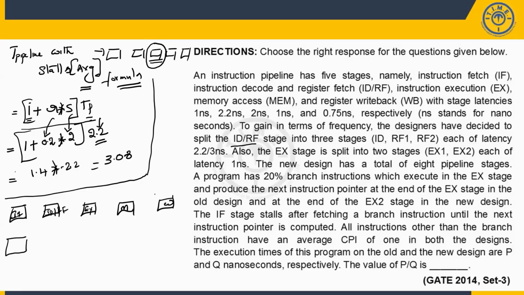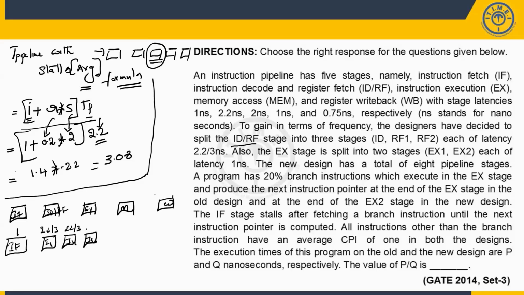Now, we are deriving one advanced pipeline. In the advanced pipeline, this ID by RF has been divided into 3 phases. Instruction fetch latency is 1. ID by RF is divided into 3 stages: I1, I2, I3. The latency for each is 2.2 by 3.